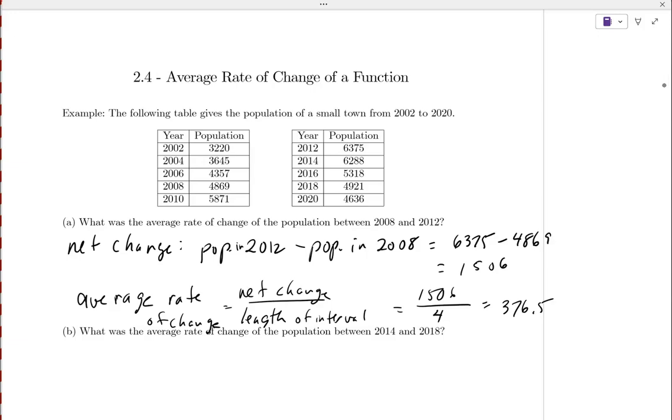And if we want to interpret this in terms of units, the population is people and the time is years. So this would be an average rate of change of 376.5 people per year. Right? We have the number of people over number of years, so it'd be people per year as far as units go.